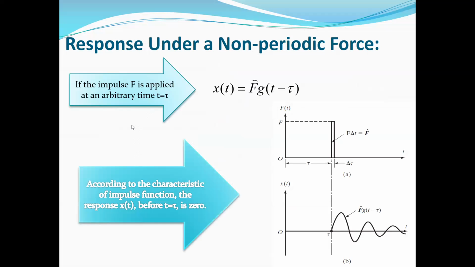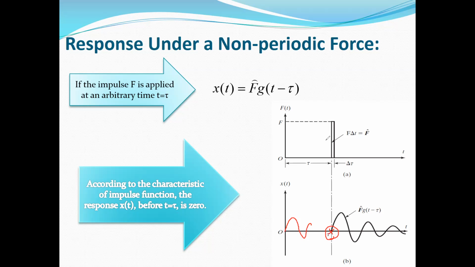So another point is that we can move the delta on the time axis. I mean, from t equal to 0, you can move it to the point, for example, t equal to tau. Then you can assume that your origin point starts from tau, and the response is the same, but this time, instead of the response starting from here, you will see that the response starts from this point.